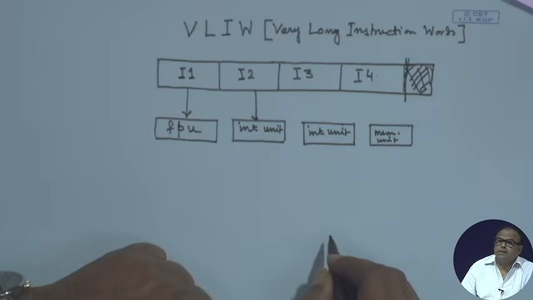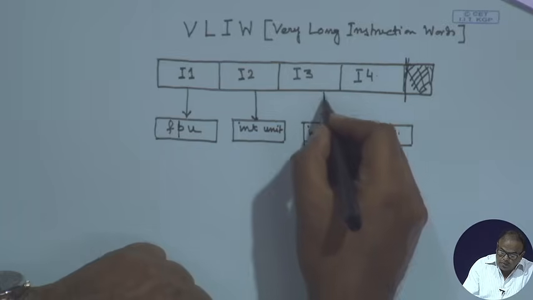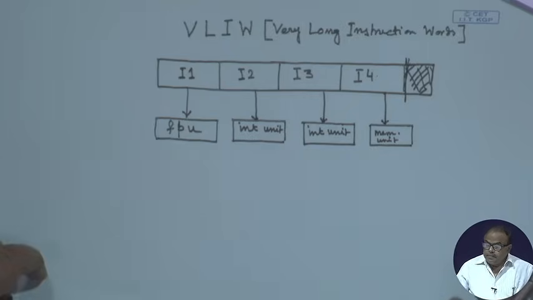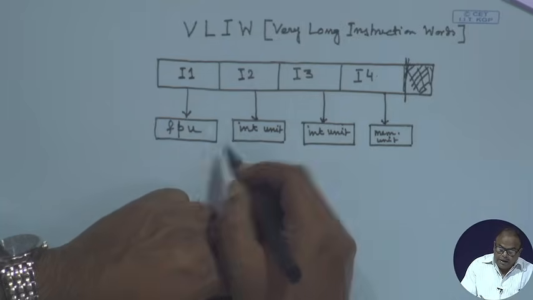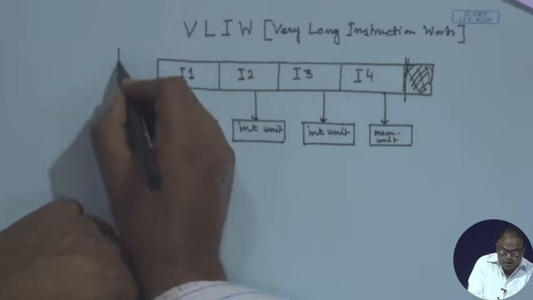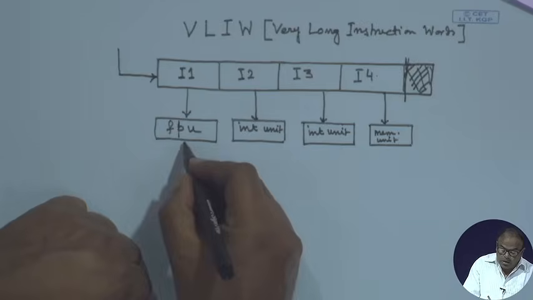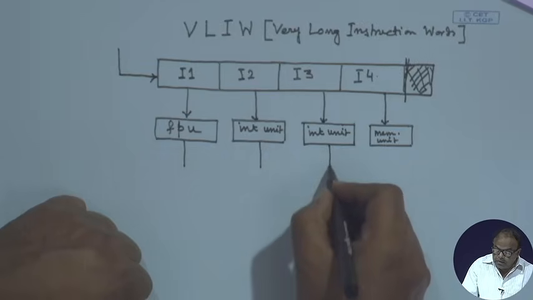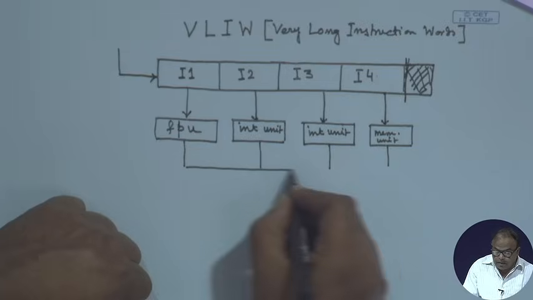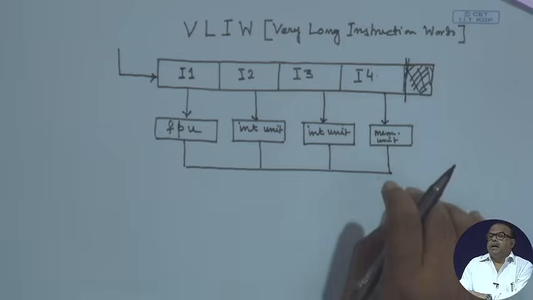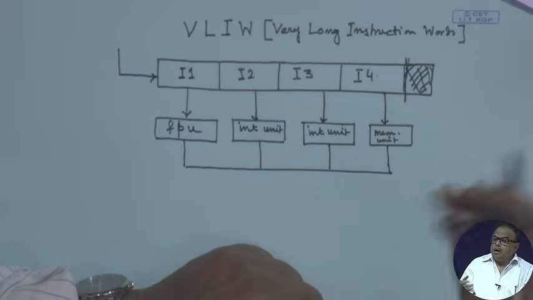Therefore, when I fetch one instruction, I can carry out 4 operations in parallel. I am decoding and all those things. Relatively, we have seen that decoding, where the combinational circuit is run, consumes less power than memory accesses.